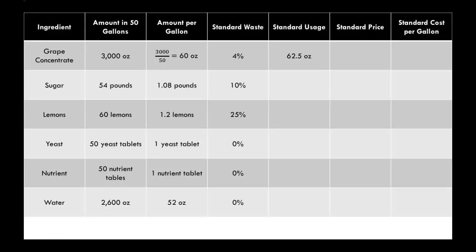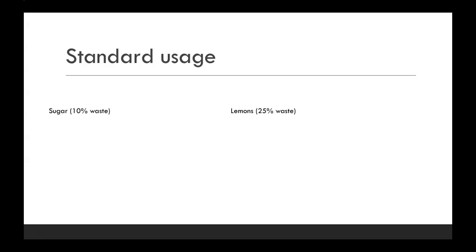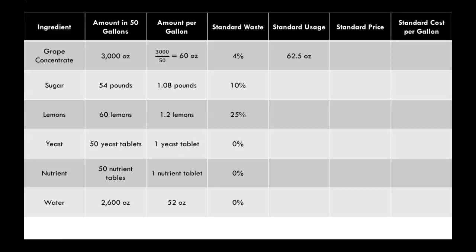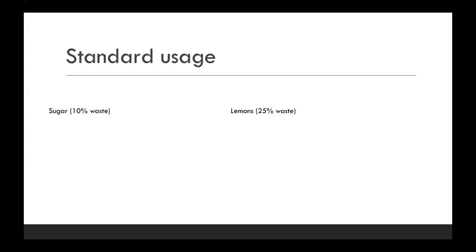Now for sugar and for lemons, there's 10% waste for sugar and 25% waste for lemons. So for sugar, that's 0.9x equals 1.08. That 1.08, we got that from our amount per gallon for sugar. So that tells us that we'll need 1.2 pounds of sugar for our standard usage.